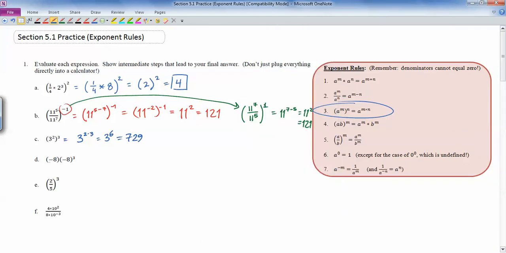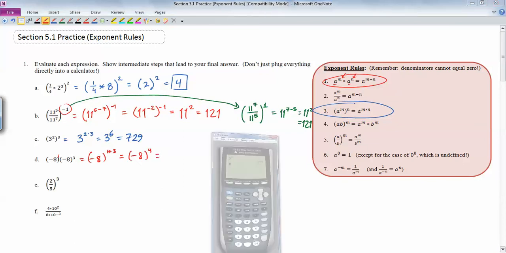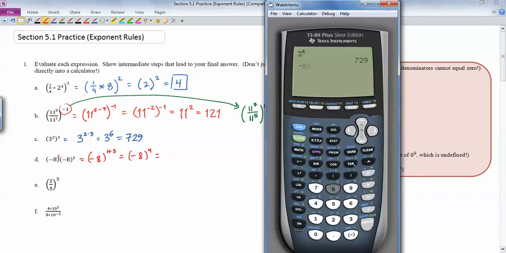The next one we have is negative 8. I'm going to put right here a little 1 for to the first times negative 8 to the third. Well, that's this form. Same base, different exponents, and then you can combine them so that it's negative 8, the same base, to the 1 plus 3. So that's going to become negative 8 to the 4th, which will turn into, and notice here, if I type in negative 8 all to the 4th, that's not actually what I wrote down here.